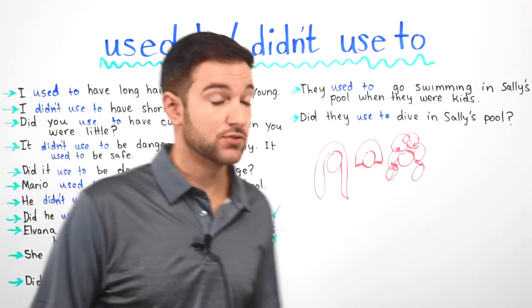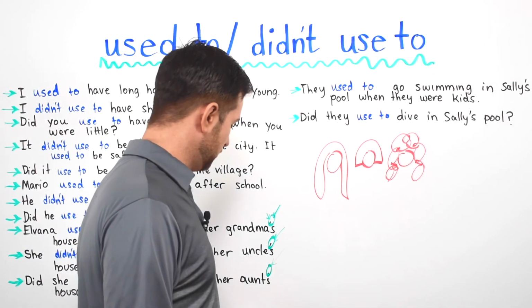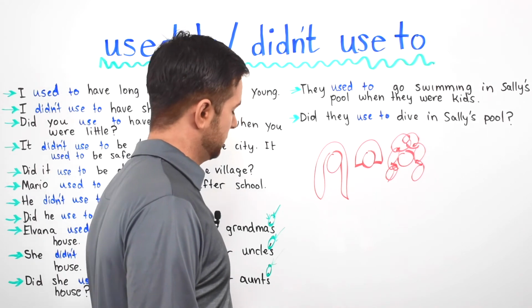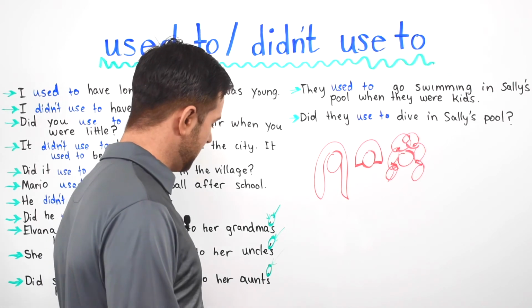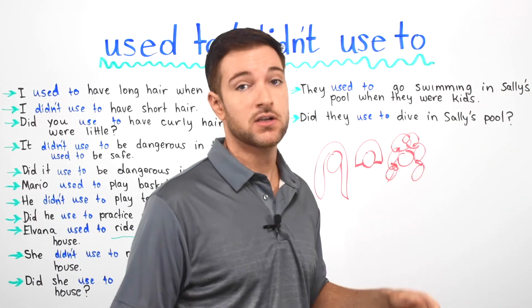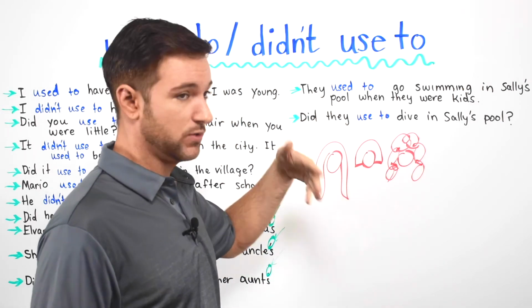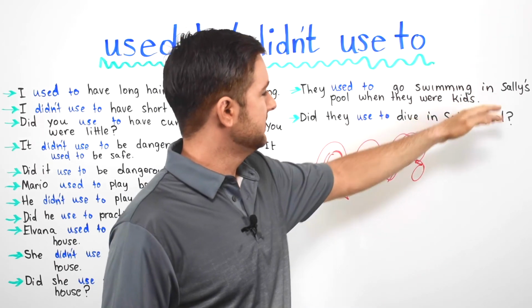Let's move on to the next one. It says, they used to go swimming in Sally's pool when they were kids, okay? Again, you can see that we have an apostrophe here. So the pool is where you go swimming. It belongs to Sally. It's at Sally's house.